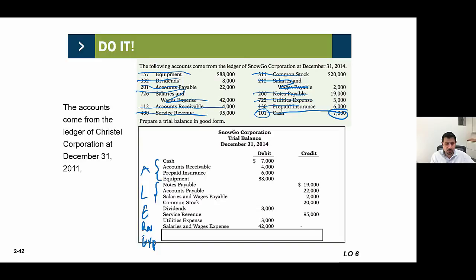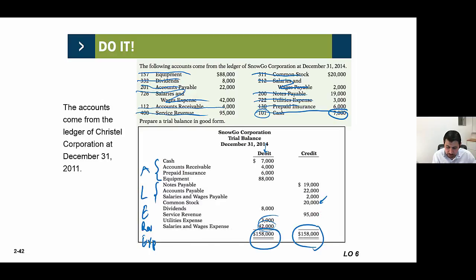Now again, this is how we prepare the trial balance. We list all the accounts, whether under debit or credit. For example, we know that expenses are debit accounts, so we put them under the debit column. Common stock is a credit account, so we put it under the credit. Finally, we compute the totals, and we compare total debits to total credits, and they must be equal.